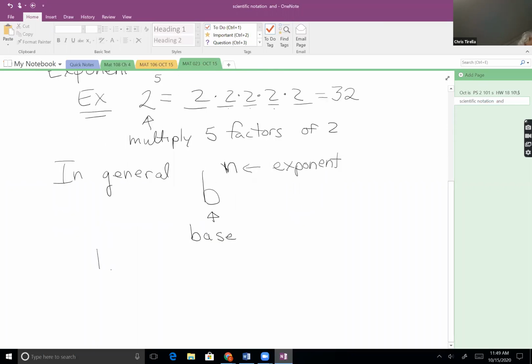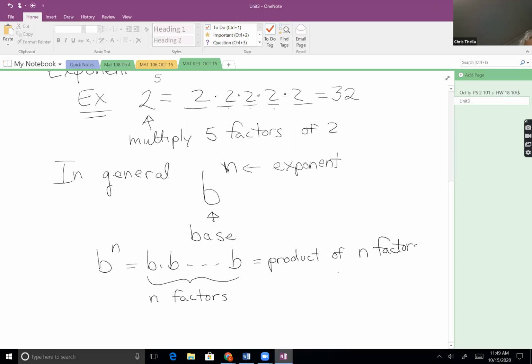If I have b to the n, it means I'm going to multiply b by itself n times. So b to the n is the product of n factors, each equaling b.